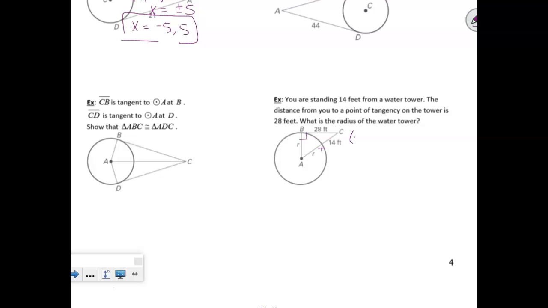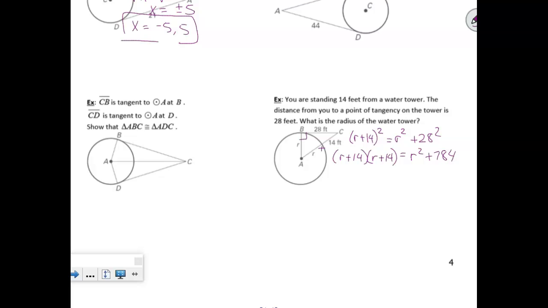This is probably a more complicated problem than you're going to see on your test. So r plus 14 squared equals r squared plus 28 squared using the Pythagorean theorem. So when we expand this out, you have r plus 14 times r plus 14 equals r squared plus 784.